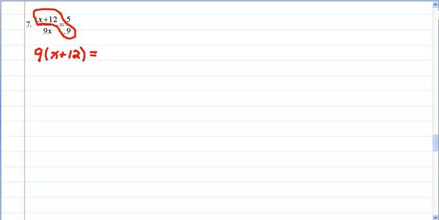Then place your equal sign and take the other product of 9x times 5, which is 45x. Now you have an equation that involves a distributive property. So 9 times x is 9x, and 9 times 12 is 108.